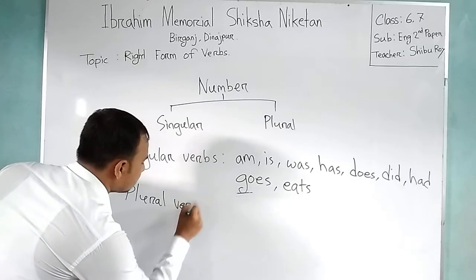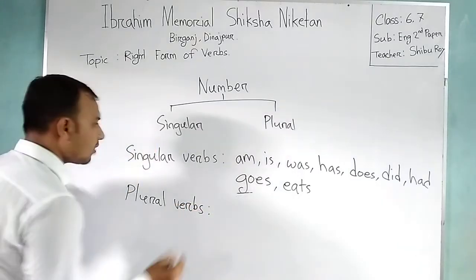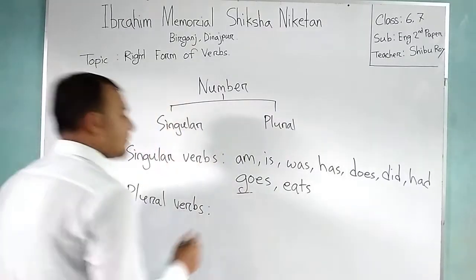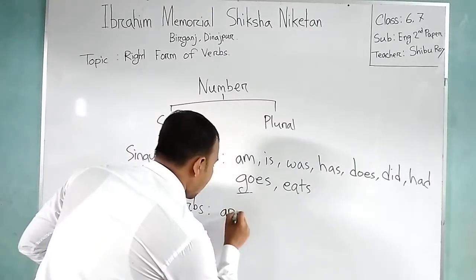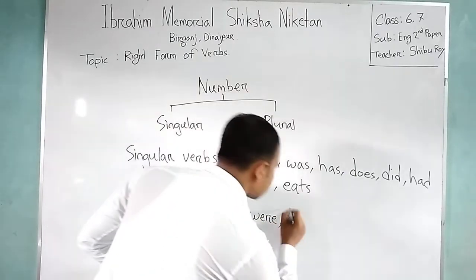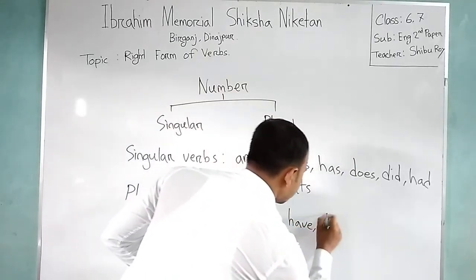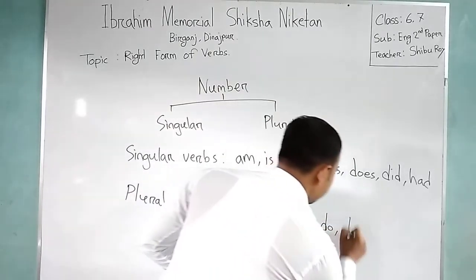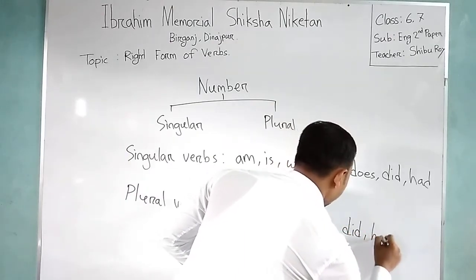I am writing here plural verbs. Plural verbs are what? The plural auxiliary verbs are are, were, have, do, did, and had.